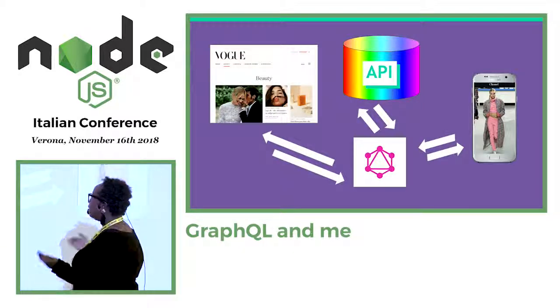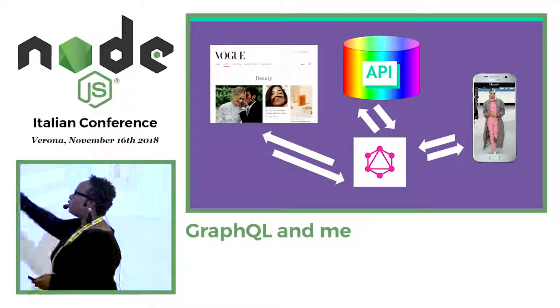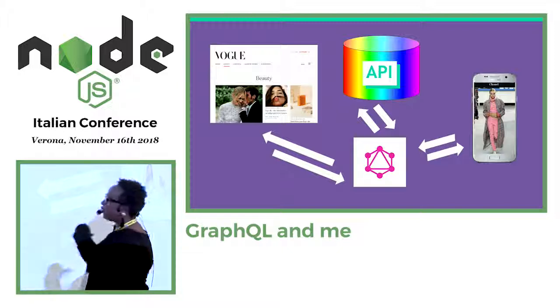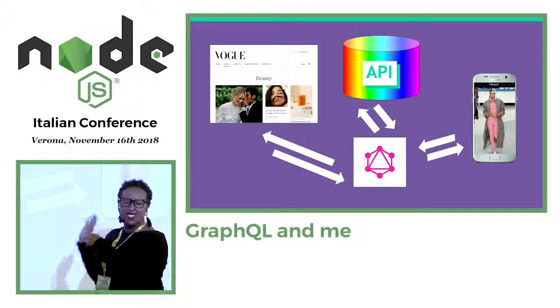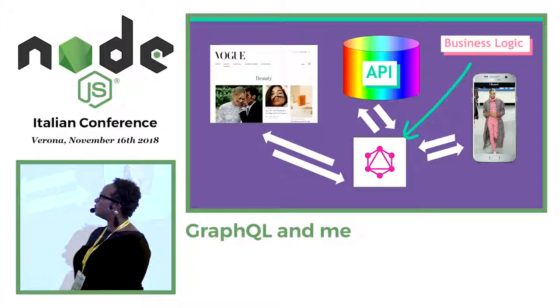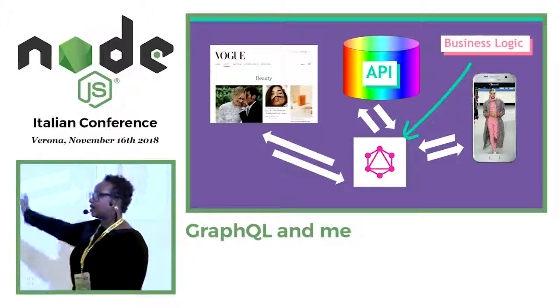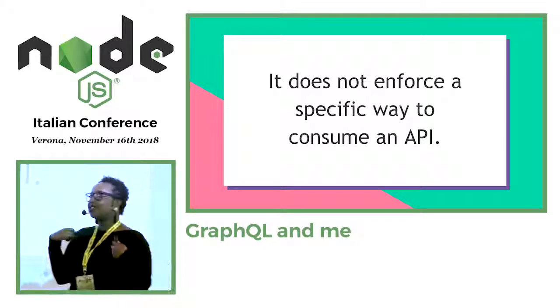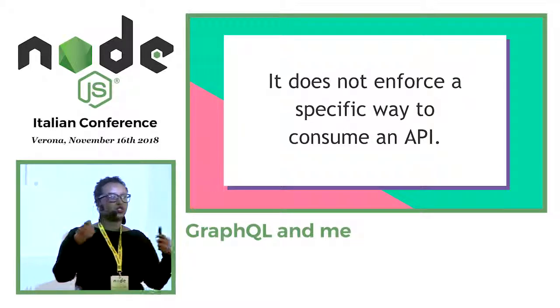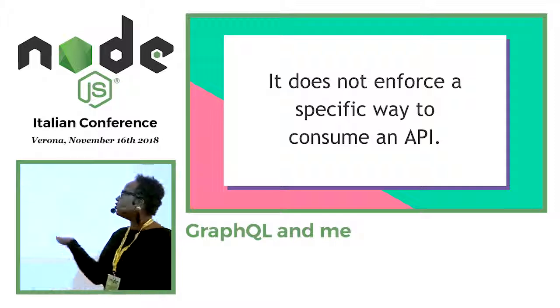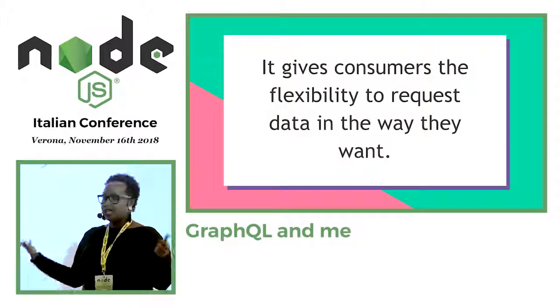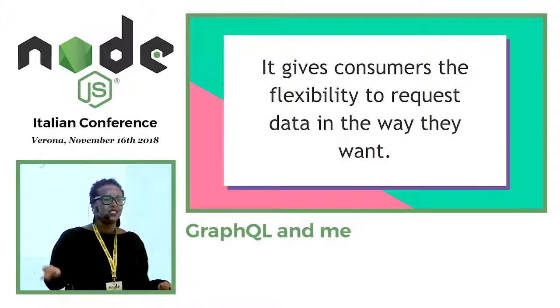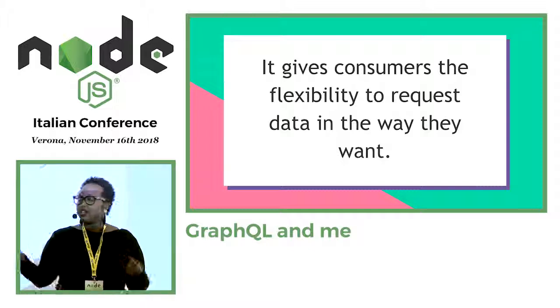But with GraphQL, it can do that logic itself, and both of your consumers will just request the data they need. So the business logic exists here now. And it doesn't really force a specific way to consume your API. So it gives a little bit more flexibility as to what kind of data you can request.